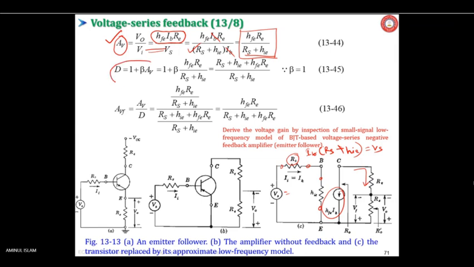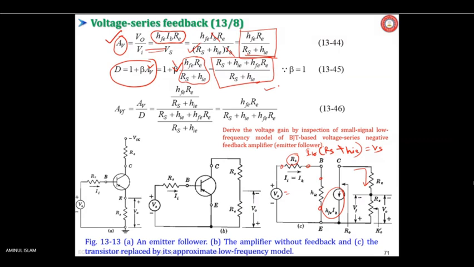D as usual equals 1 plus beta AV, which, since beta equals 1, we get this expression. Putting the value of AV here, 1 plus AV, where AV is this part, the leftover part, and a little manipulation gives us this expression.